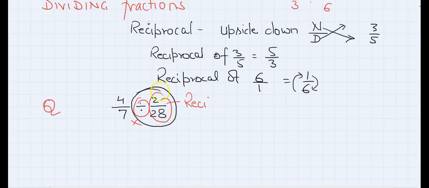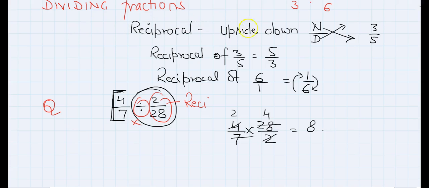So 4 over 7, this number will not change. We are not going to write the reciprocal of this, only of this second one. So the division becomes multiplication and this becomes 28 over 2. Now you can see that it's easy to simplify. 2 times 2 is 4 and 7 times 4 is 28, so the answer will be 8.